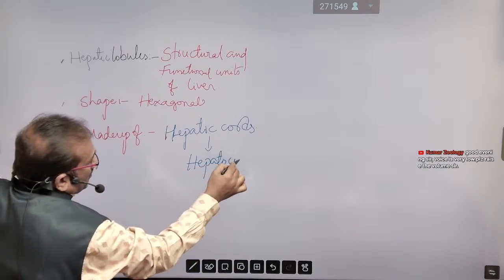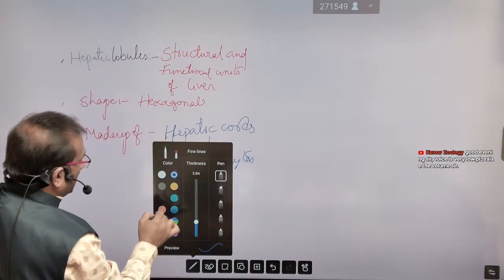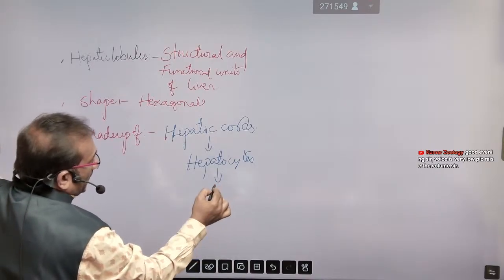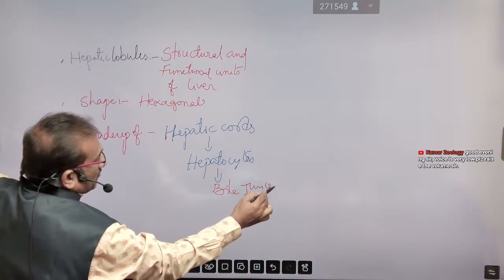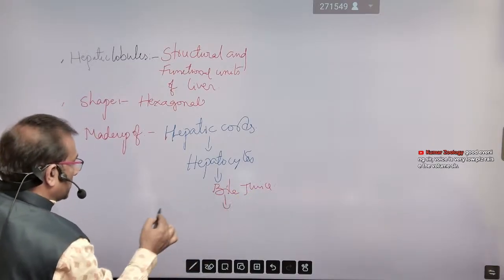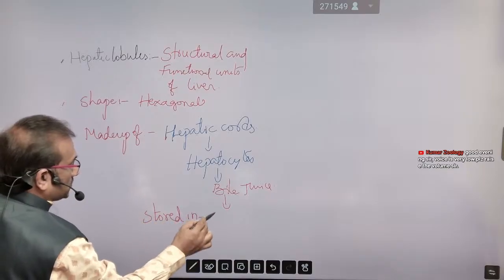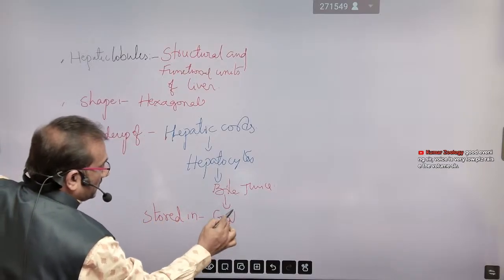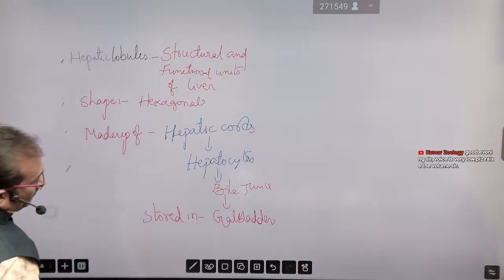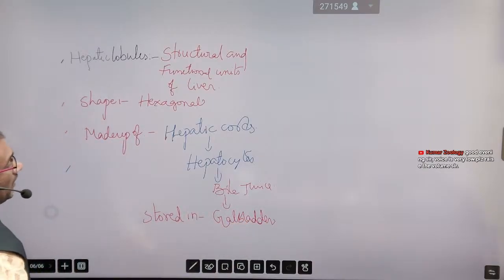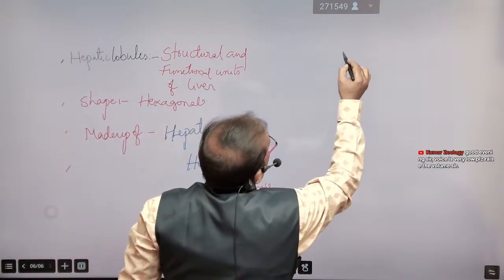Hepatocytes secrete bile juice, and bile juice is stored in the gallbladder. Okay, up to now. Now coming to the structure, it is hexagonal in shape.